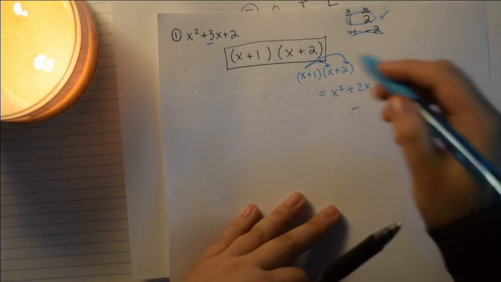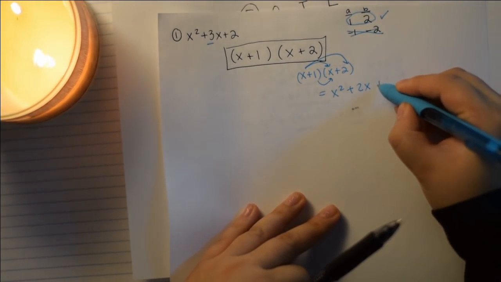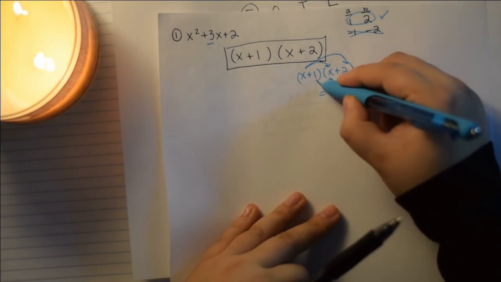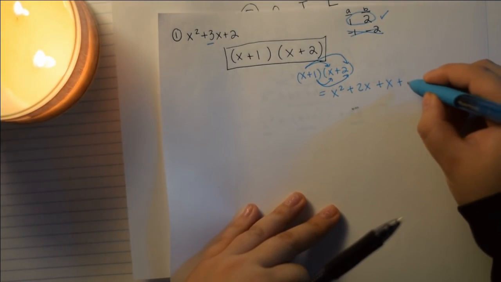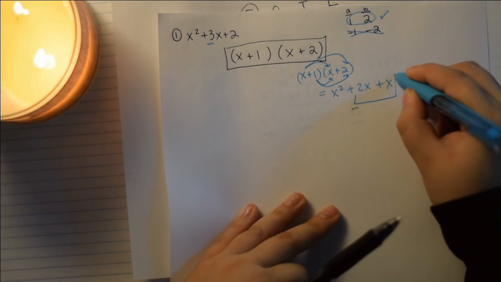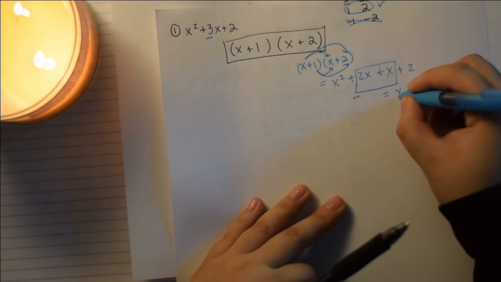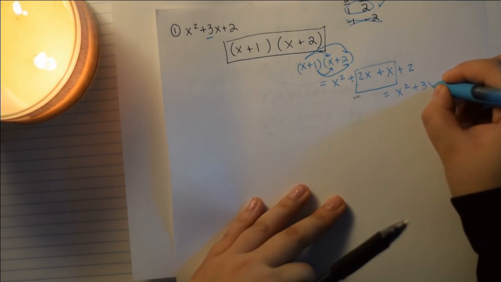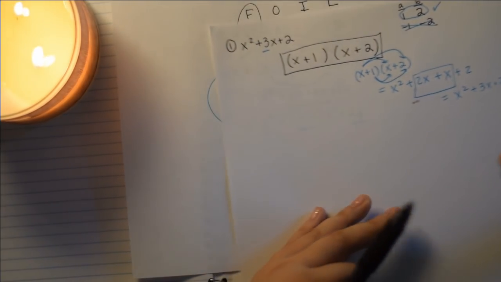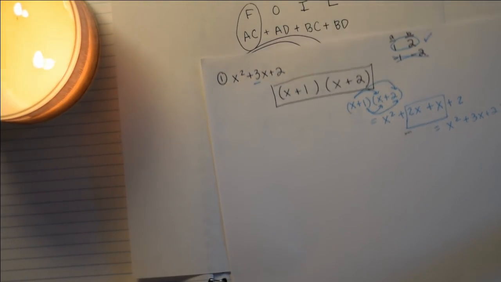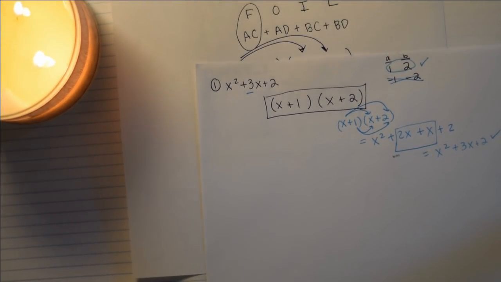Your inner is 1 times x, which is plus x, and your last is 1 times 2, which is 2. And then these two combine to be 3x. 2x plus x is 3x. So x squared plus 3x plus 2, which is our original problem. Ta-da! So good, right? So nice.